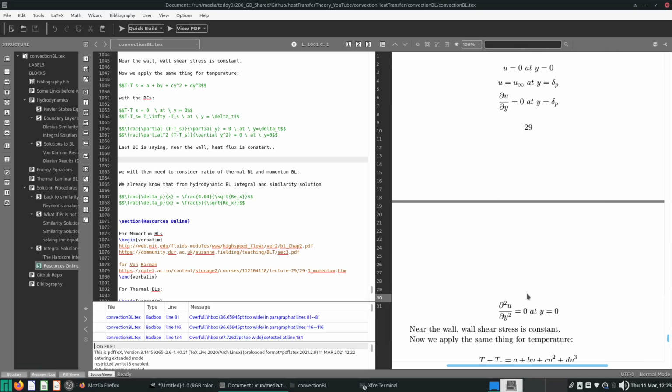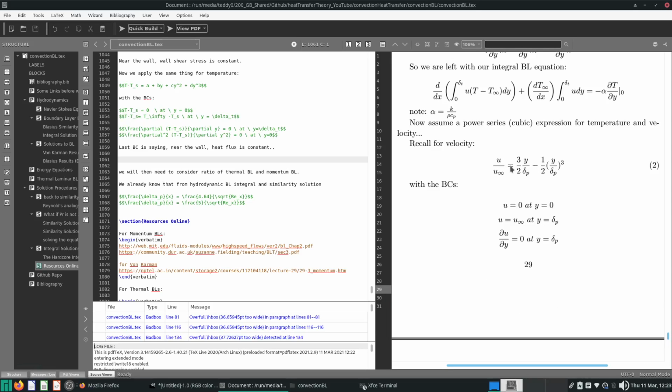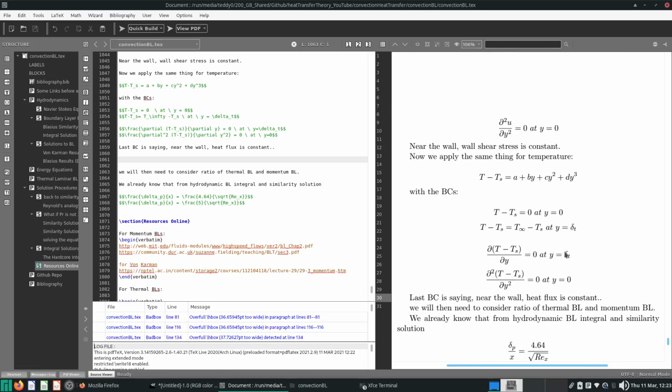Now, if we assume that, we will get this velocity profile. So we kind of think that these profiles are analogous.